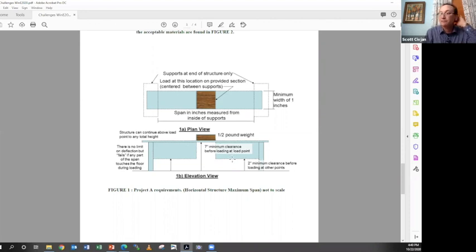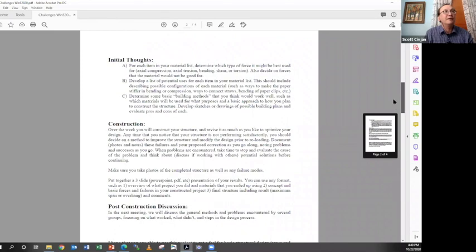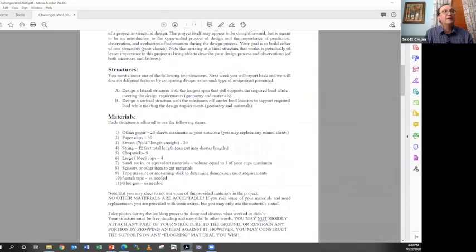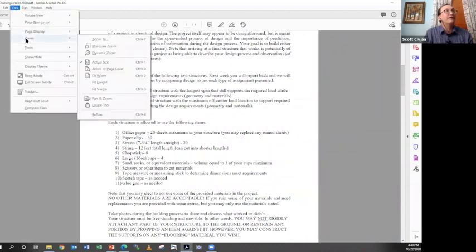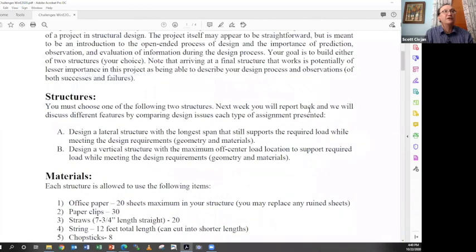What are the material limits? Material limits are the same for both challenges. And once again, you don't need to write this down or anything like that. These instructions will be sent out to you.